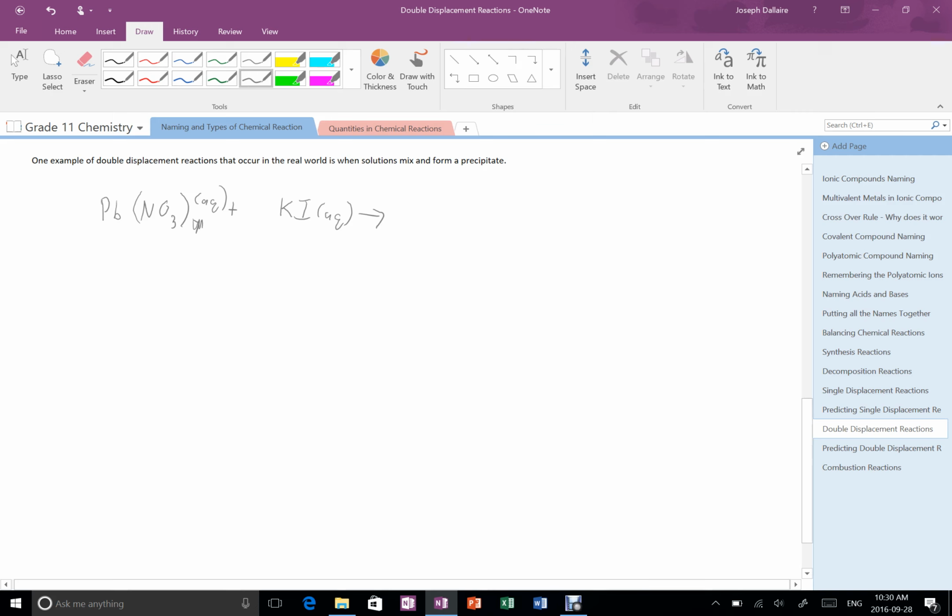Just a second, I'm just going to erase it and make it a 4. Make it clear. 4, like that. Okay. So when we switch partners, we would get KNO3, which would be a pretty unremarkable product. That is still soluble in water, so that would still be aqueous.